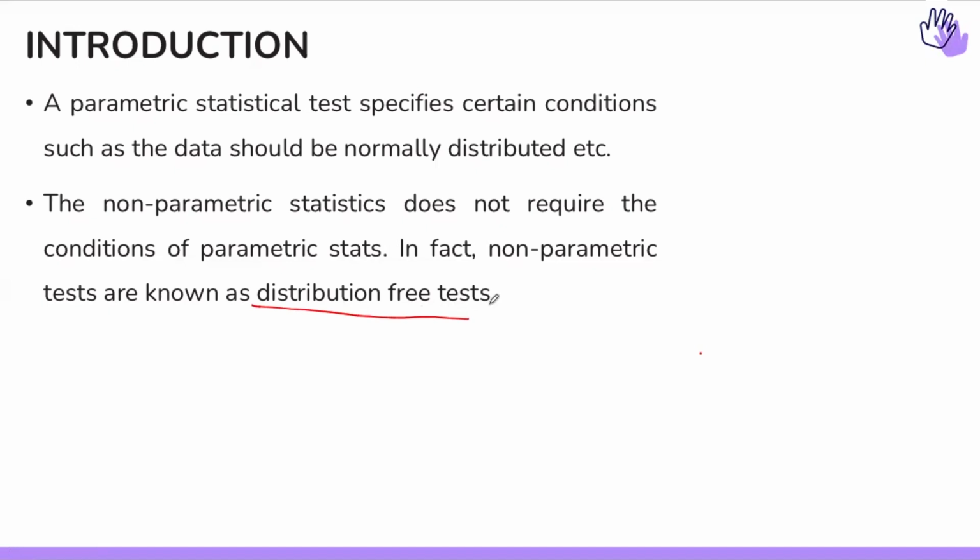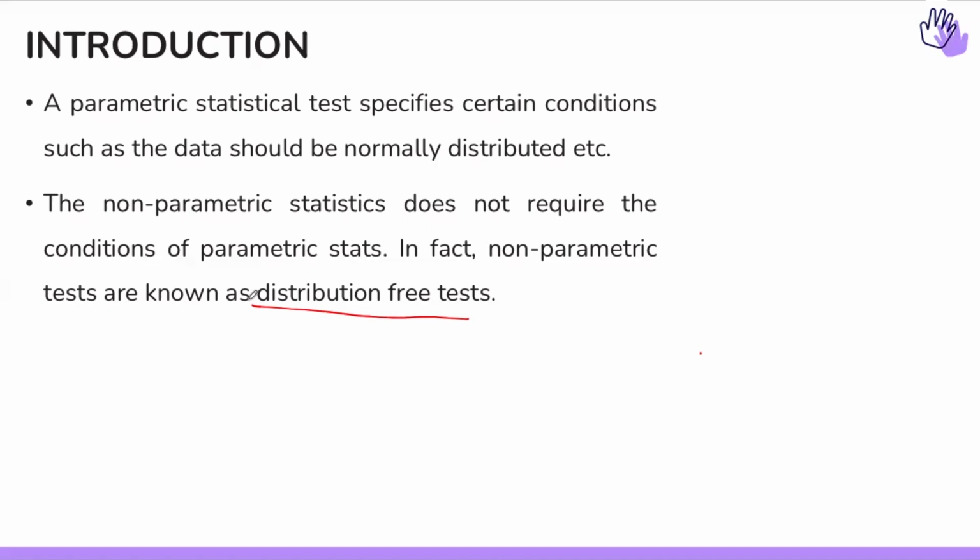So for making inferences about various population values or parameters, we generally make use of parametric and non-parametric tests. In this unit, we'll study the concept and assumptions of parametric tests, and also the advantages and disadvantages of parametric and non-parametric statistics.